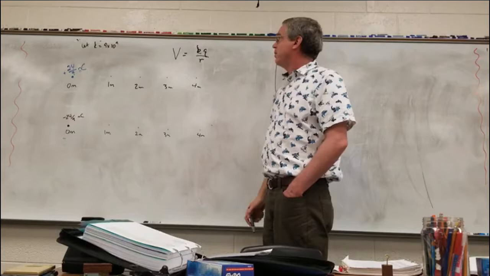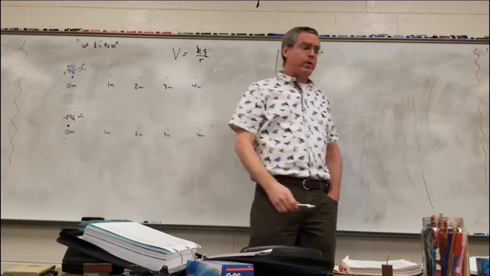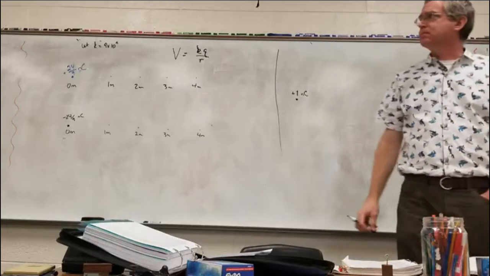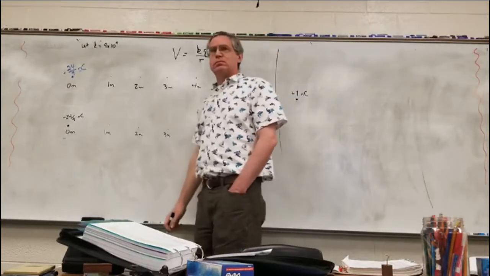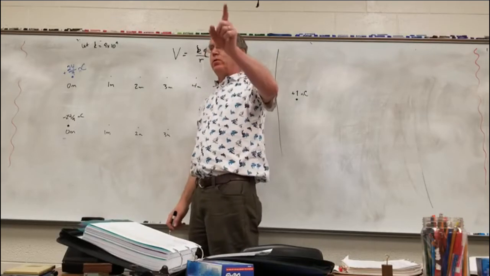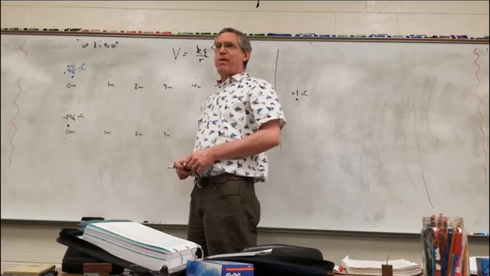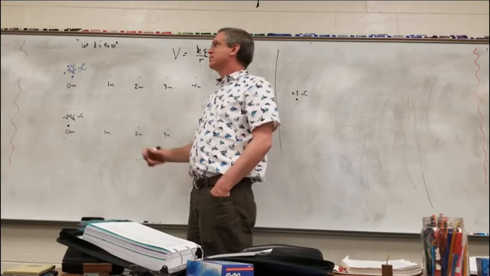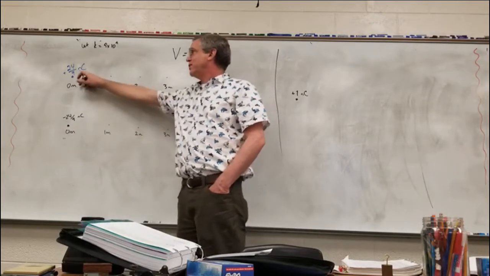All right, so therefore, what is the electric potential at 1 meter away? 9 times 10 to the 9 times 10 to the 9. Without a calculator. You can do it without a calculator. I believe in you. Oh, 24 times 10 to the 9. Yes? No? So close. That's nanocoulombs.